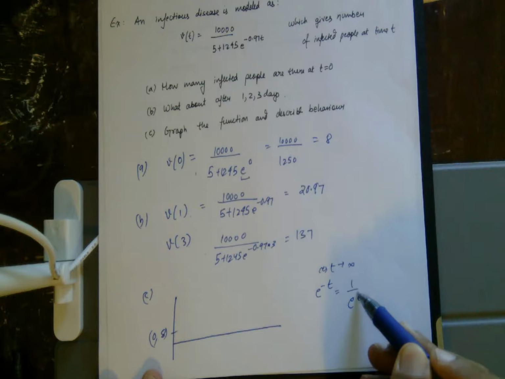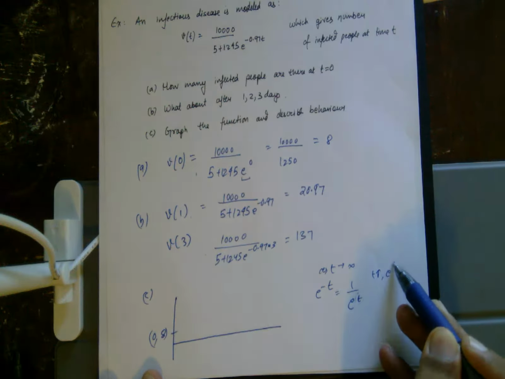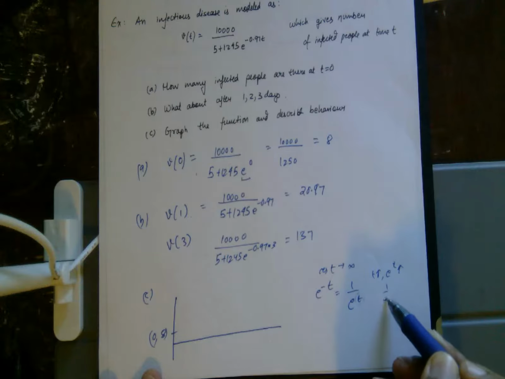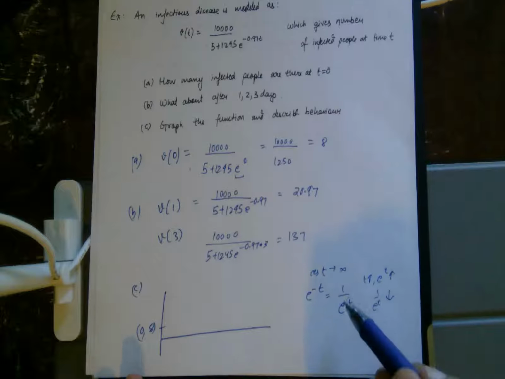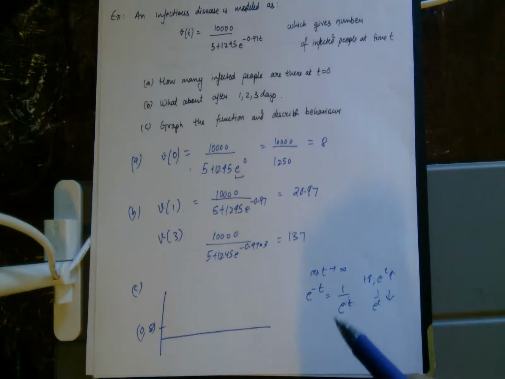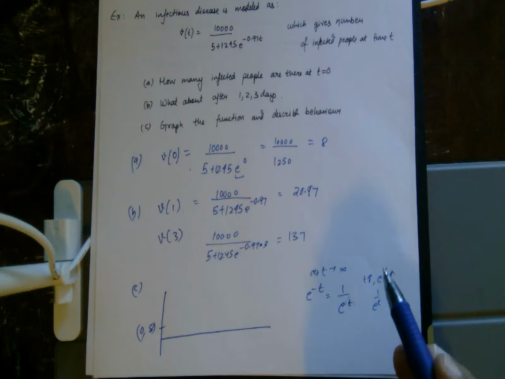So as t increases, e to the t increases, so 1 over e to the t decreases. If you divide by a number that keeps on increasing, it's going to become 0. Which means at infinity, V infinity is going to be 10,000 over 5, which is 2,000. So the maximum number of people who can get infected is roughly 2,000.